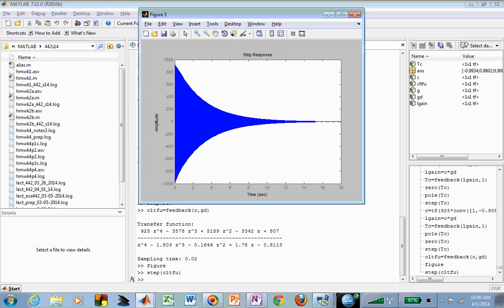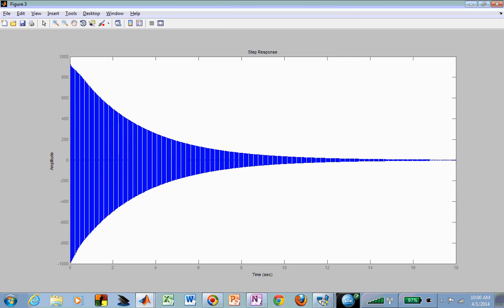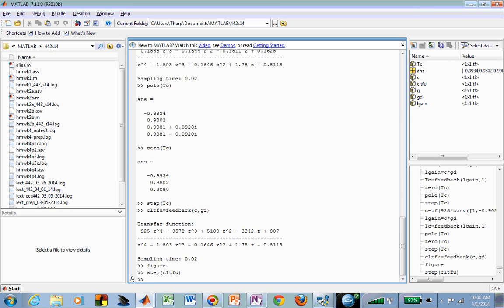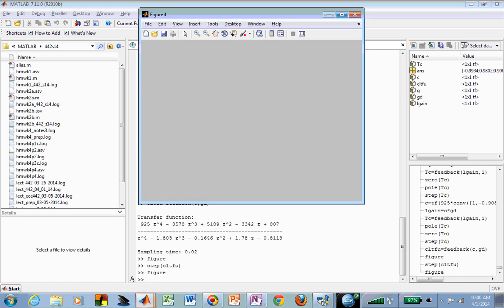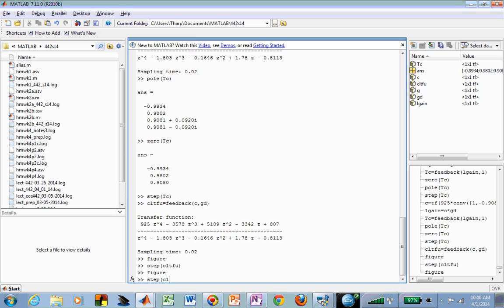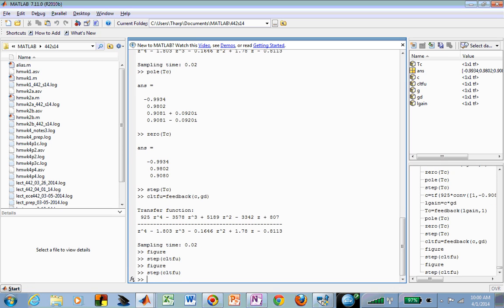So now let's examine what it might be doing to our system in between the sample periods. And we could look at this a little bit differently. We could say, let me go ahead and do this in another figure window so that I can retain that one for other purposes.